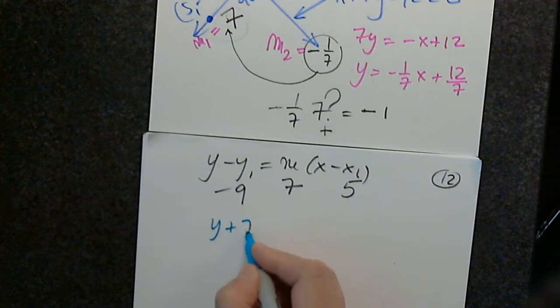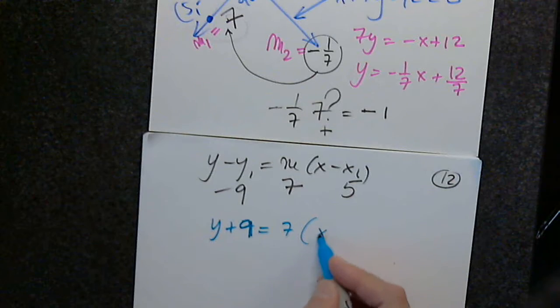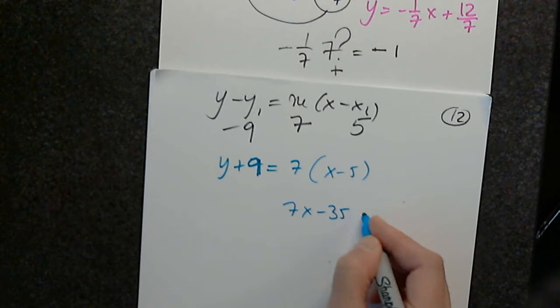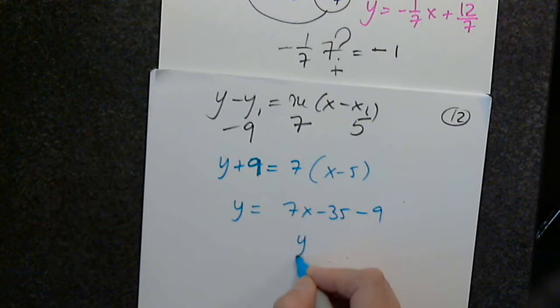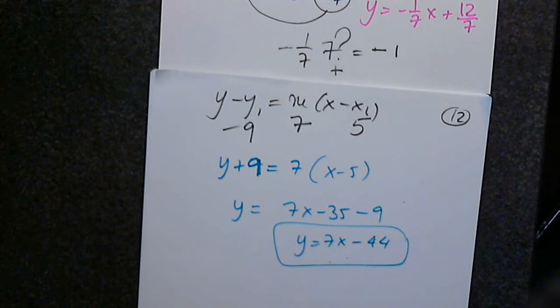So y plus 9 equals 7 times x minus 5, 7x minus 35, and minus 9, so y equals 7x minus 44. What does this represent? It's the equation of the line that passes through 5, -9, and is perpendicular to x plus 7y minus 12 equals 0.